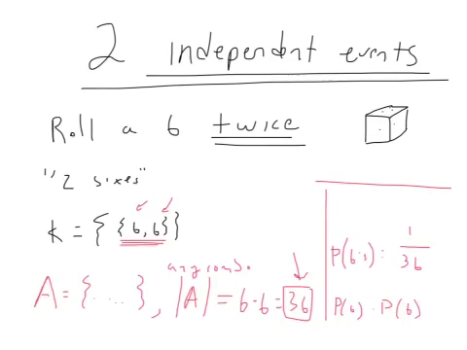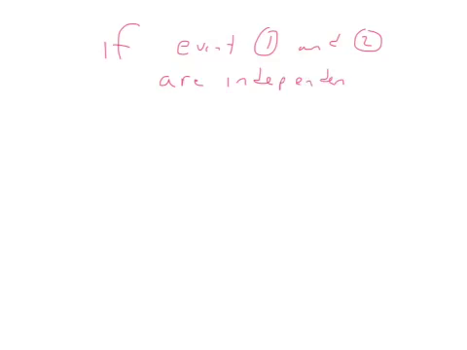So therefore we can come up with the expression: if event 1 and 2 are independent, the probability of 1 and 2, so 1 joint 2, the probability that both happen, just equals the probability of the first thing happening times the probability of the second thing happening. All right, that's it.